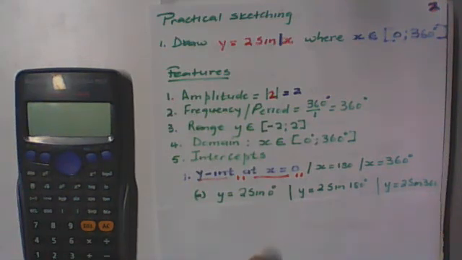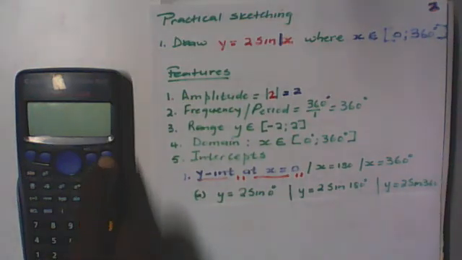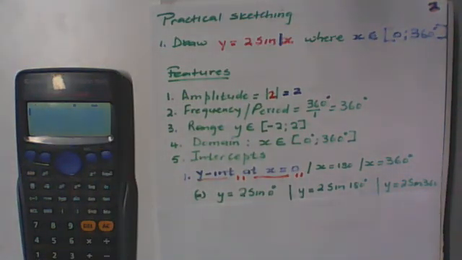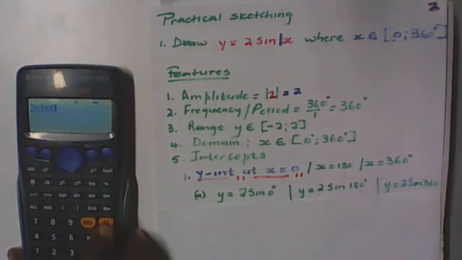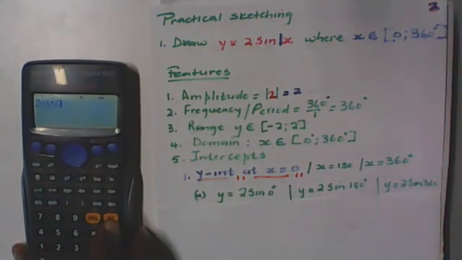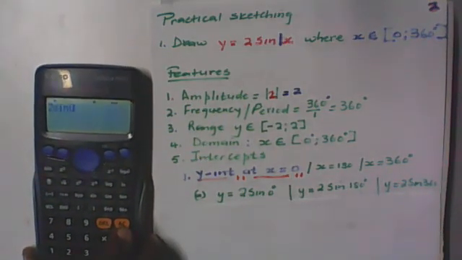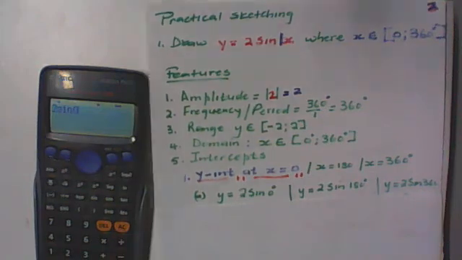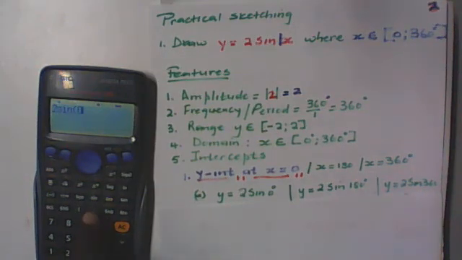Let's start with this one. It's 2 sin 0, close bracket, and the answer gives us 0.